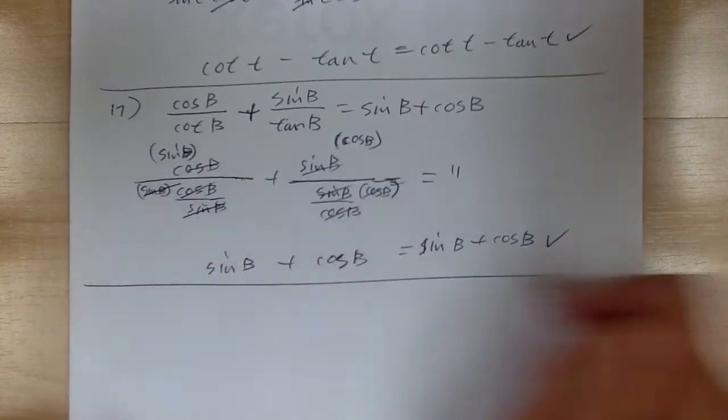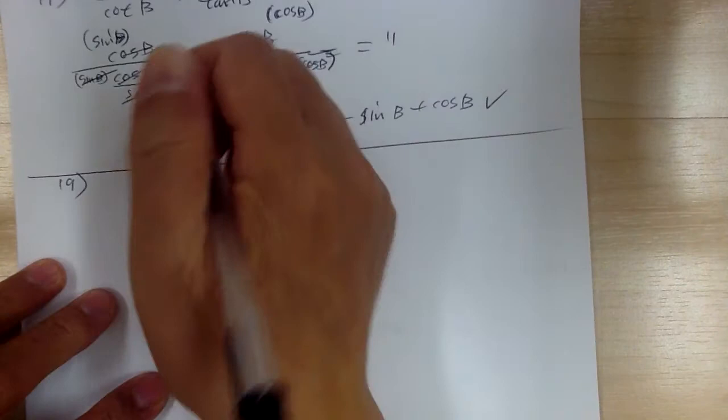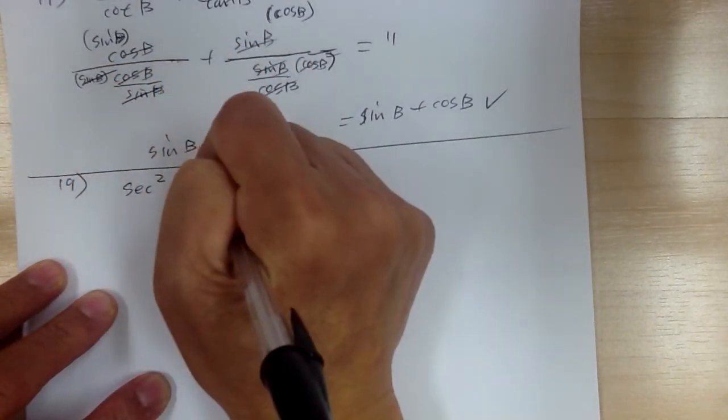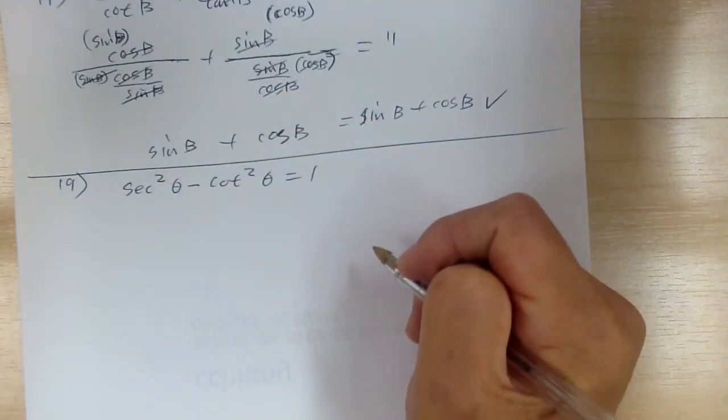Okay, let's go to number 19. 19, you have secant square theta minus tangent square theta equal to 1. Now, you cannot use the identity itself to prove identity.